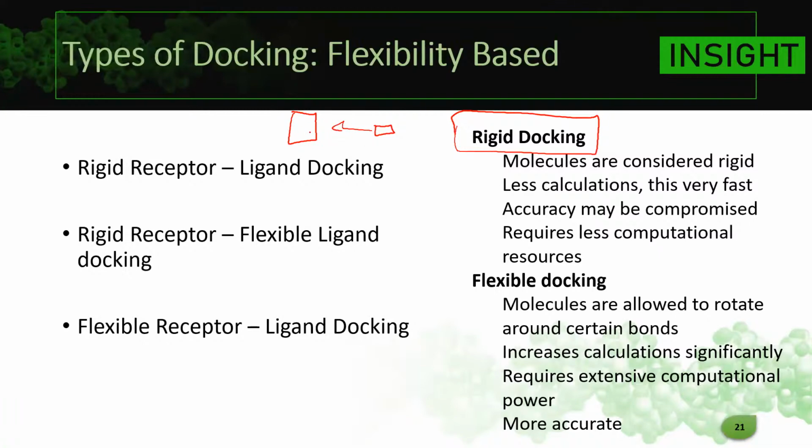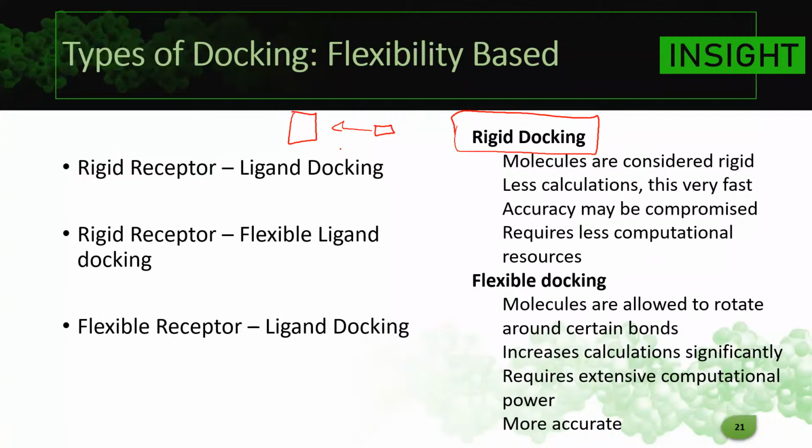Docking is nothing but finding the best fit. If you want to keep it in simple terms, finding the best fit between the two molecules, that's what docking means. So rigid docking is the simplest type of docking, in which you keep the molecules as rigid, just the way they are, and dock them with each other. On the other hand, we also have flexible docking, in which the molecules involved are allowed to change their shape.